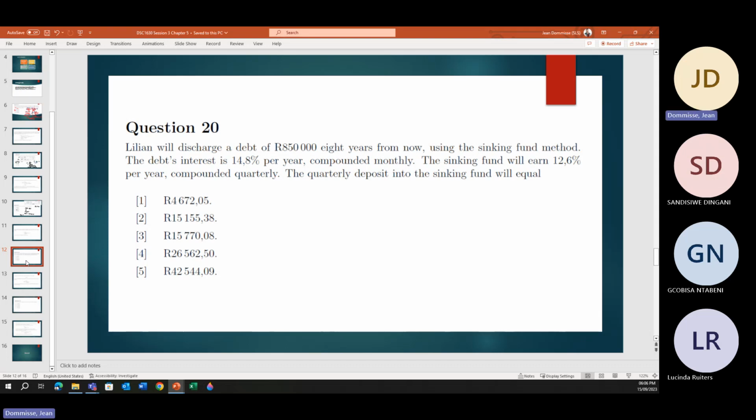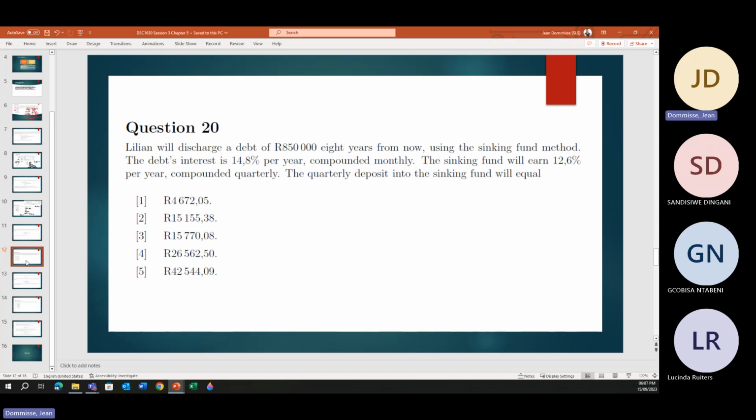So again, look at the question, write down a few things that you would have done, nearly to see how you would have maybe calculated it, and then we can go through a process as well. So let's just quickly read through it. Lillian will just discharge a debt of 850,000 in 8 years' time. She's using the sinking fund method.